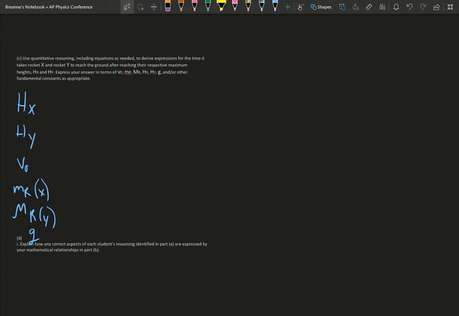If you look at your formula chart, we have a couple equations that have time in them: v equals v naught plus at, and y equals y naught plus v naught t. I guess it should be x, not y.